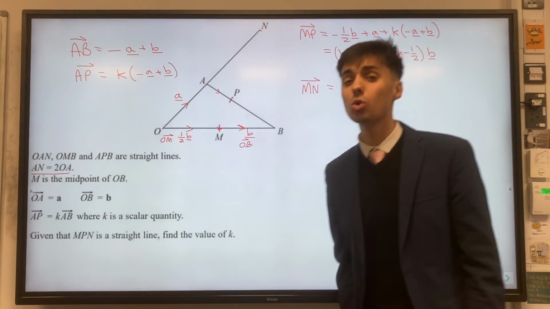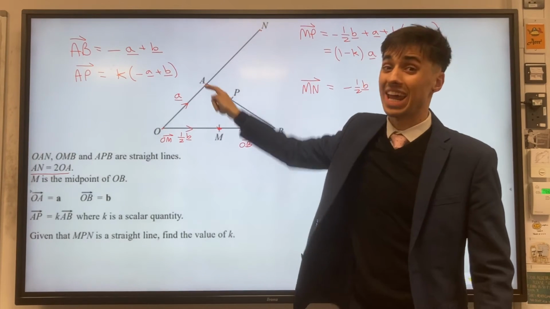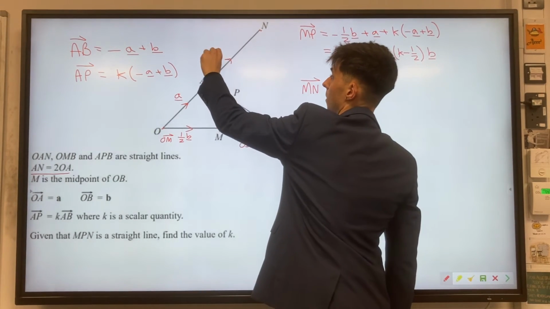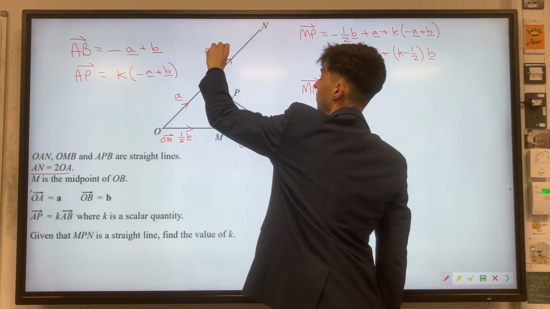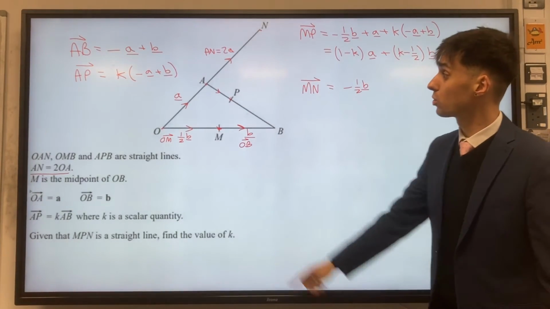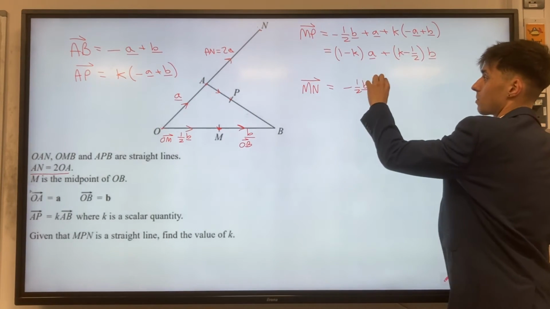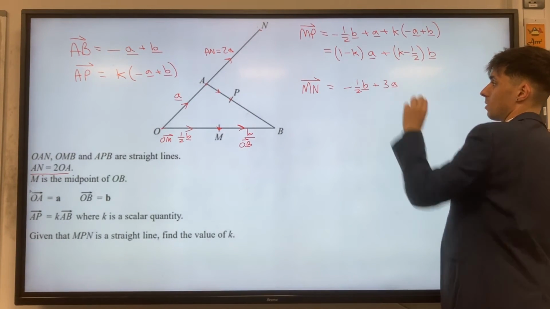AN is 2OA. So if OA was just an A vector, well then this part here, AN, will be 2A. And that means in total, to go from O to N, we've got 3 A's, haven't we? So minus a half B plus 3A.